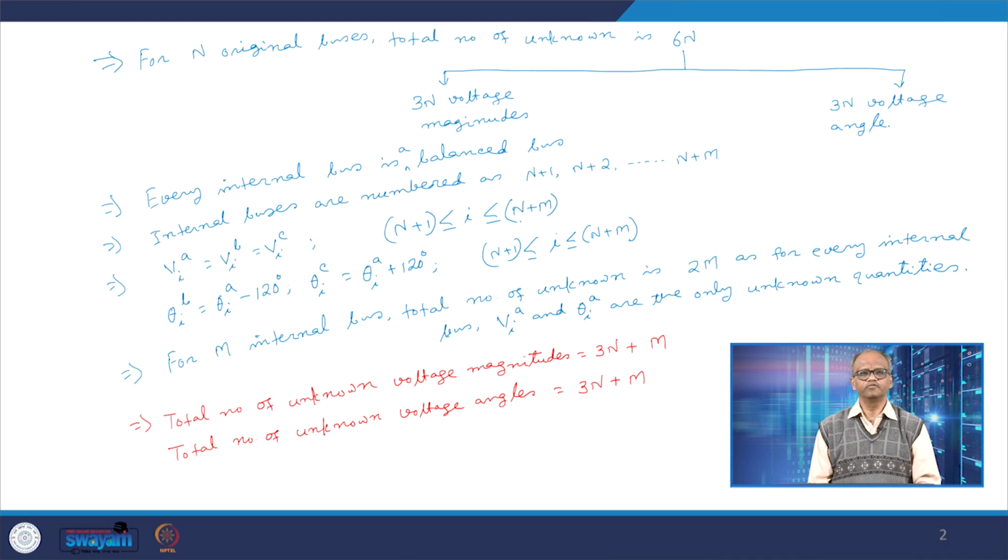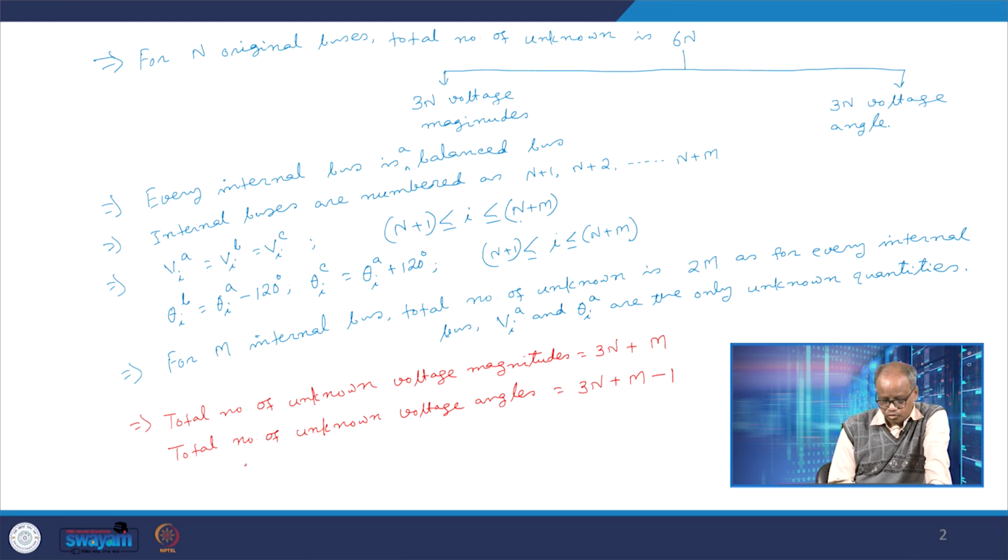So, here also we have to take the voltage angle of one particular phase to be 0. We do not have to estimate or calculate that. So, my total number of voltage angles would be 3n plus m minus 1, right.